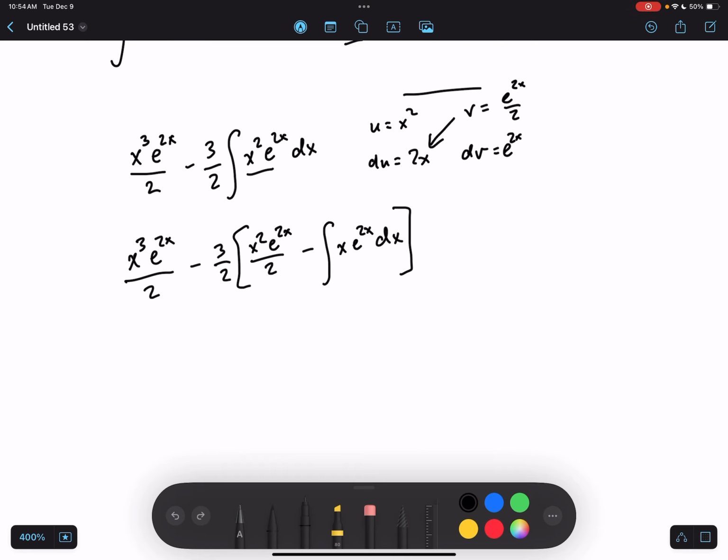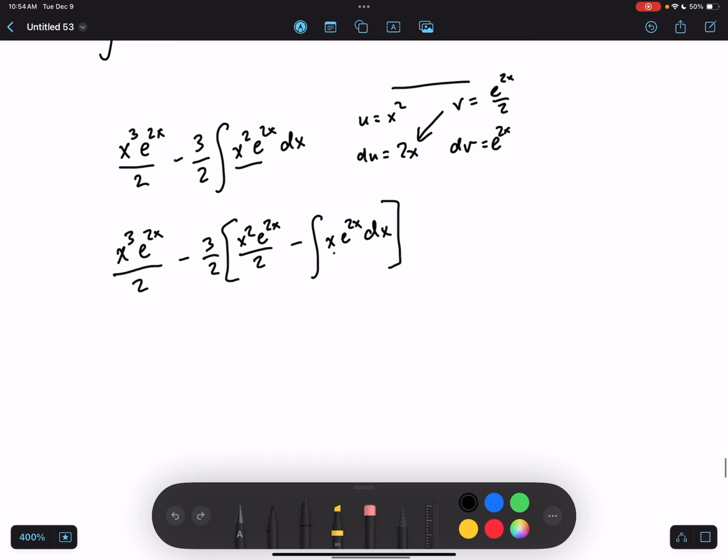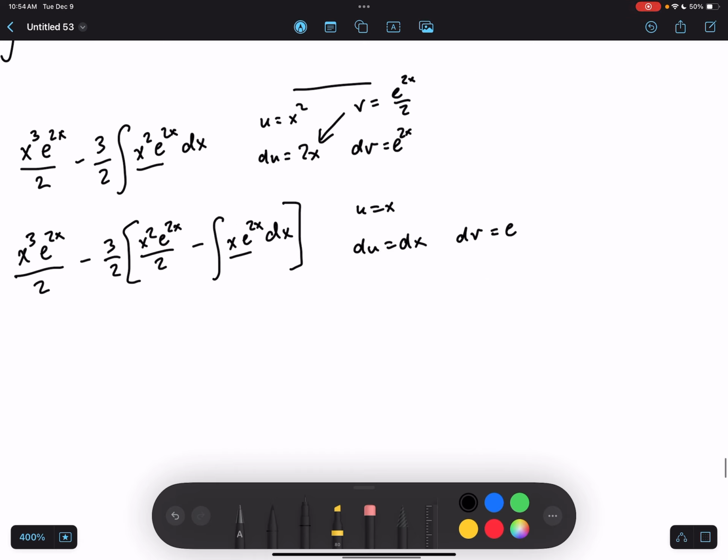And now that we're here, we've got another product in our integrand right there. So we'll go ahead and let u equal x, and then du, of course, will now just be dx. dv will once again be e to the 2x, and v, again, will be e to the 2x over 2.